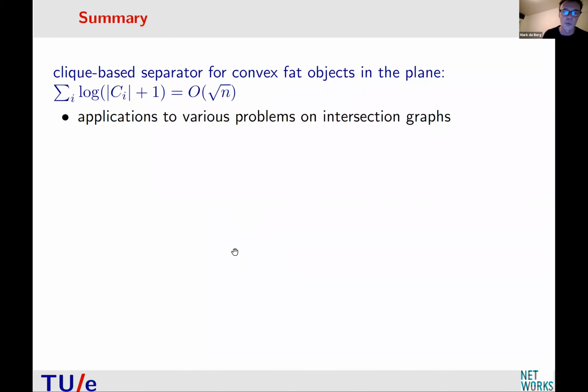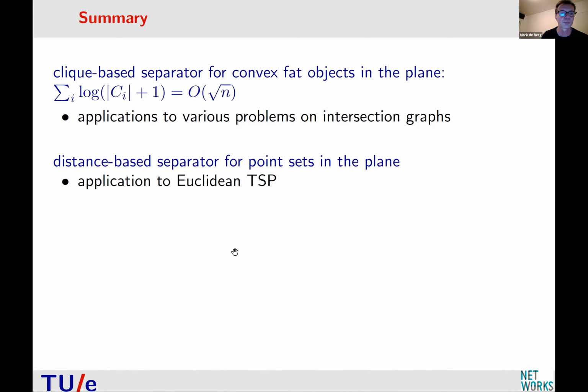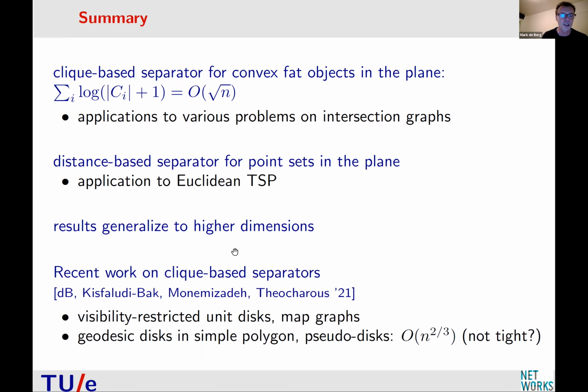I showed you how to use that for independent sets, but there are other things you can do with it as well. There's this distance-based separator for points. You can find a square such that you don't have too many points that are near the square, which we used for Euclidean TSP. All of this generalizes to high dimension.